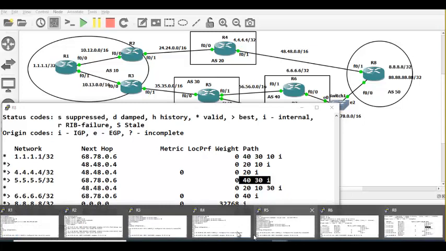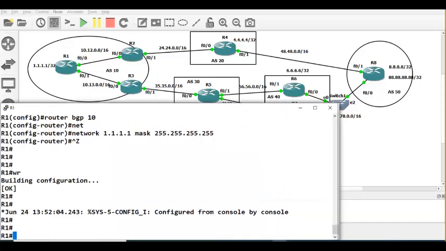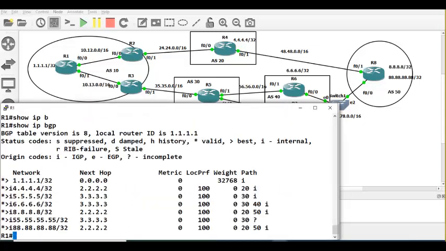Now let us go to router 1. Show IP BGP. On router 1, if you see, for the 8 network, it goes via router 2 because it is only 2 hops. For the 4 network also it goes via router 2.